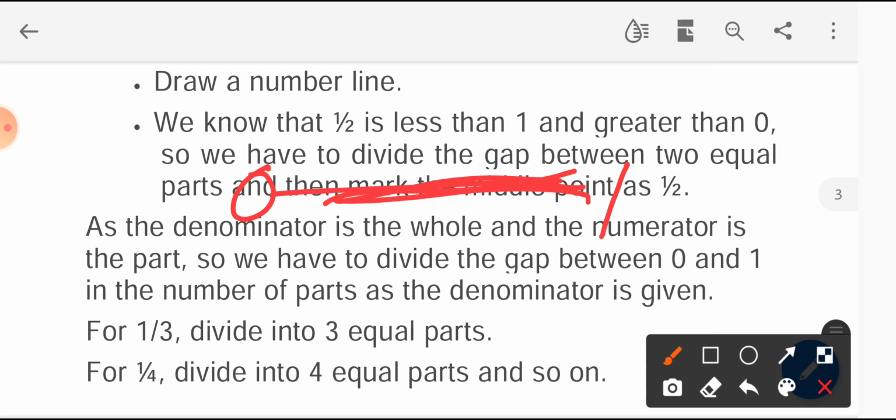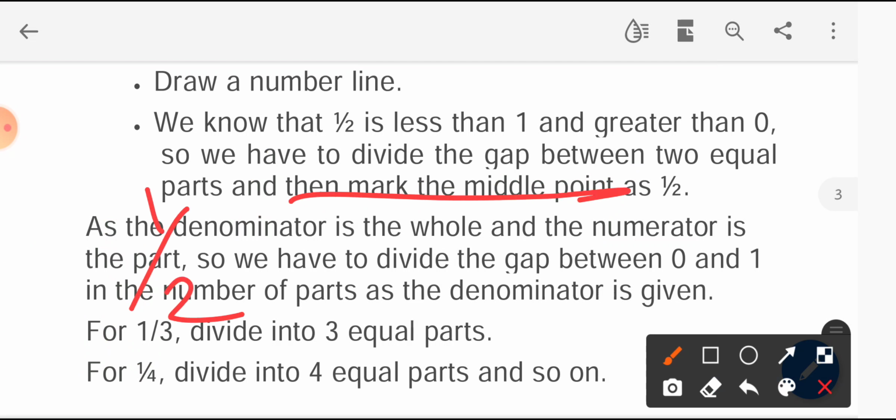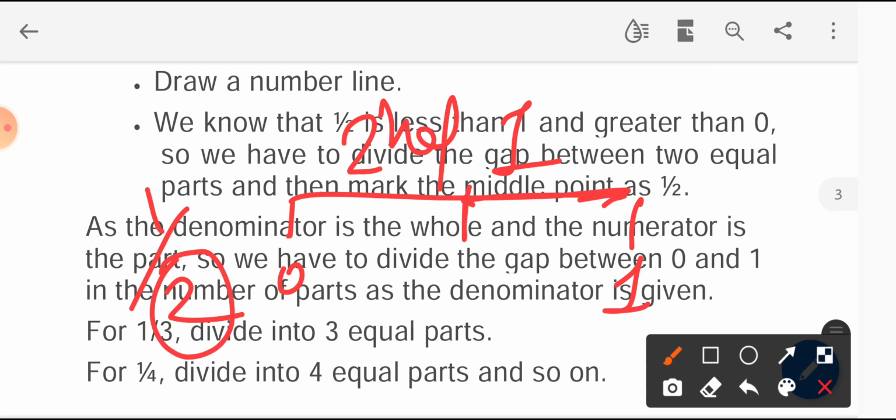What is the denominator given? 2. It means between 0 to 1 you have to divide into how many equal parts? 2 parts. This is the first part and this is the second part. According to the denominator number given, you have to divide between 0 and 1.